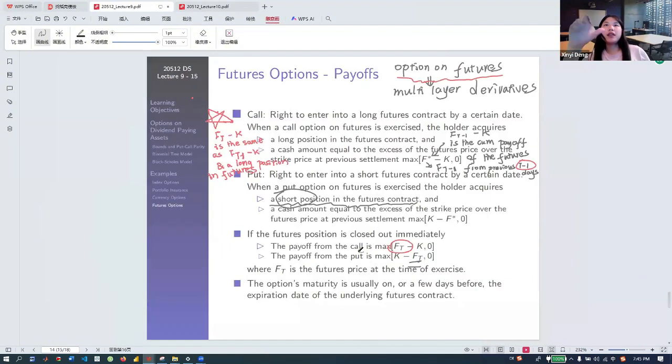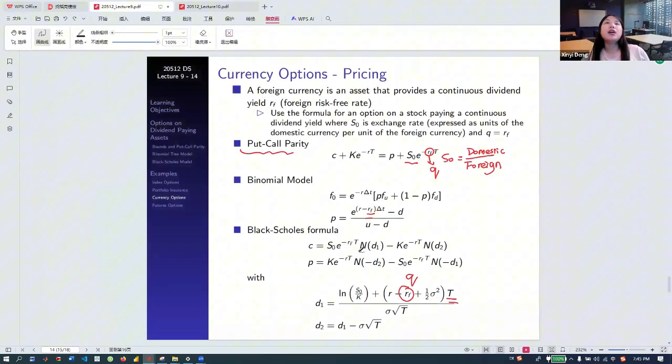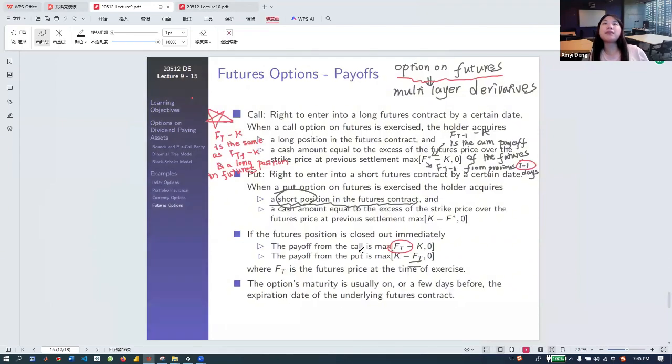This page is showing the payoffs. There are two ways to do it: closing out immediately and receiving cash only, and the other way, where you also get the physical delivery along with some cash. Yeah, so that's the payoff.